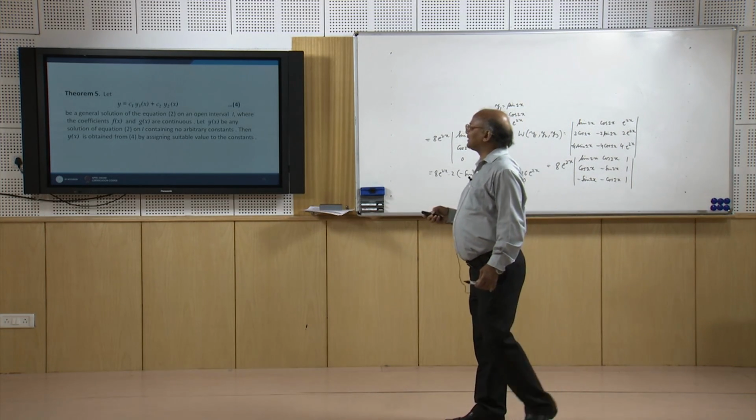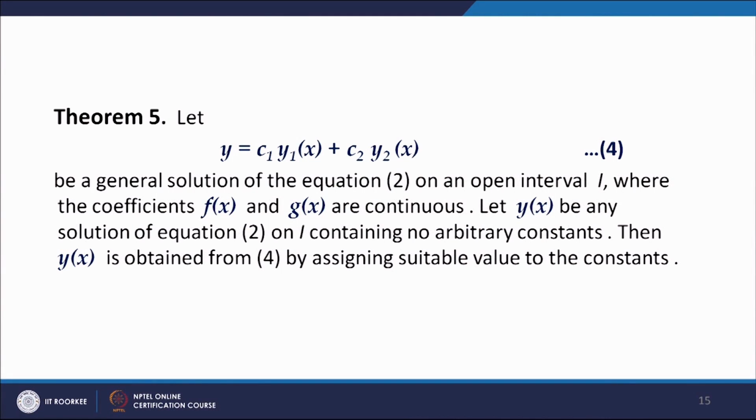Now this last theorem tells us that if you take y equal to c1 y1(x) plus c2 y2(x) and it is a general solution of the homogeneous equation 2, then it includes all solutions of equation 2. So let us see how we get this.